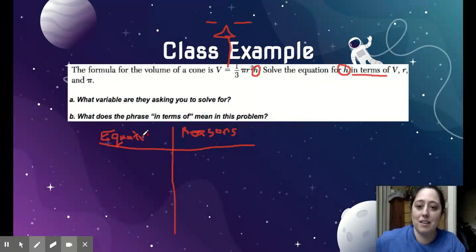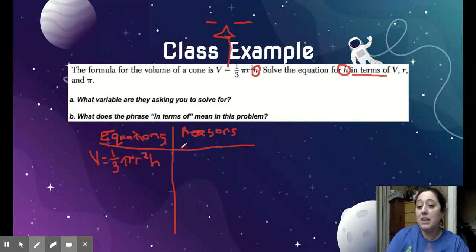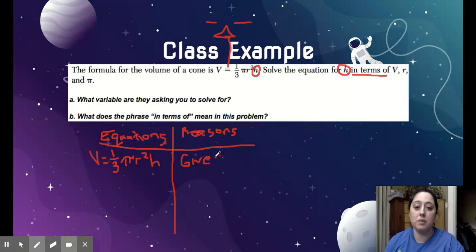Okay. So we start with V equals 1/3 pi r squared h. I'm looking at this, and my first one is always a given, right? That's just what they gave us, this equation.